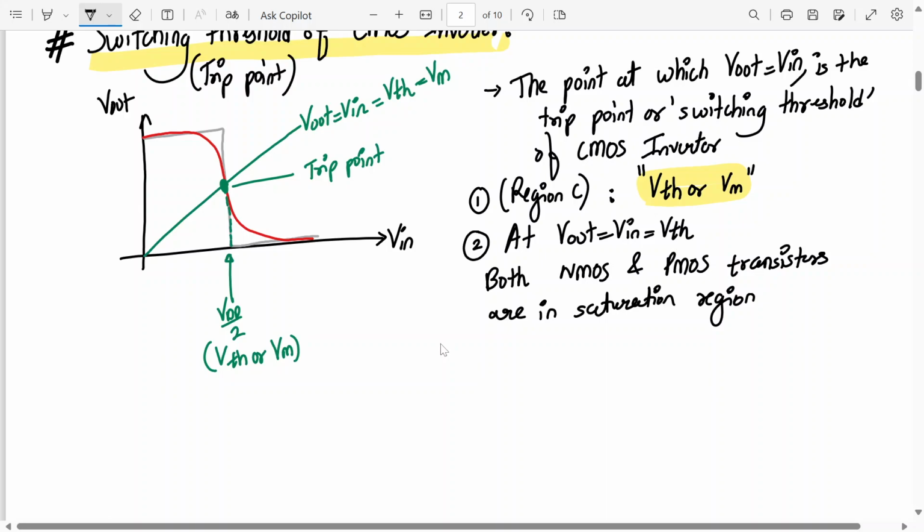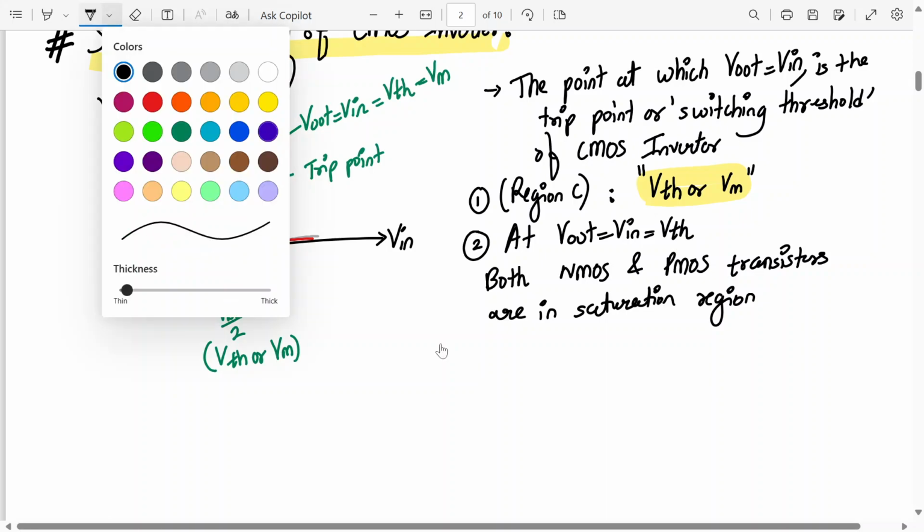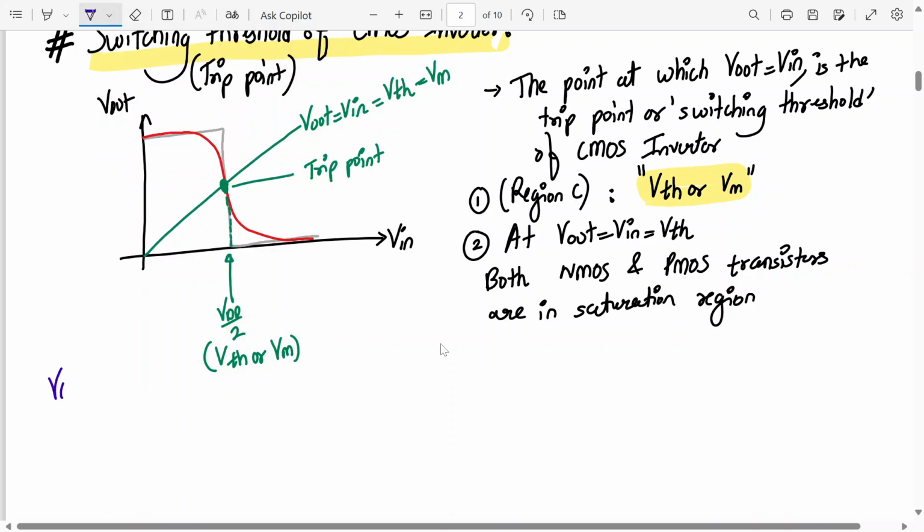What were the constraints? Let me write in blue color, so we will rewrite it. VGSN was equal to V in, correct? And V in is equal to VTH. VDSN was equal to V out, and that was again VTH, because V in is equal to VTH is equal to V out.